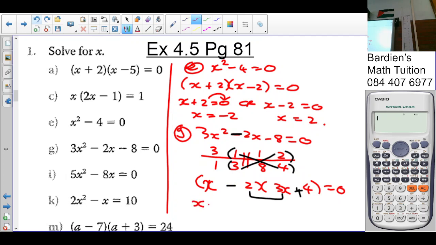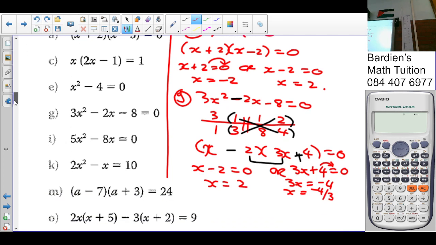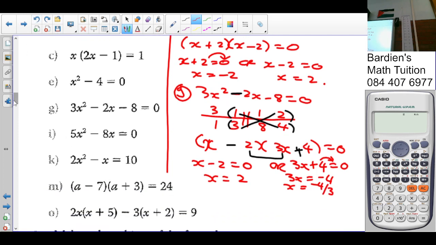So I'd say now x minus 2 is equal to 0, or 3x plus 4 is equal to 0. Take 2 over the equal sign, so x is equal to 2. Here we take 4 over the equal sign, so 3x is equal to negative 4. Divided by 3 both sides, x is equal to negative 4 over 3. Okay? Any confusion here, people?